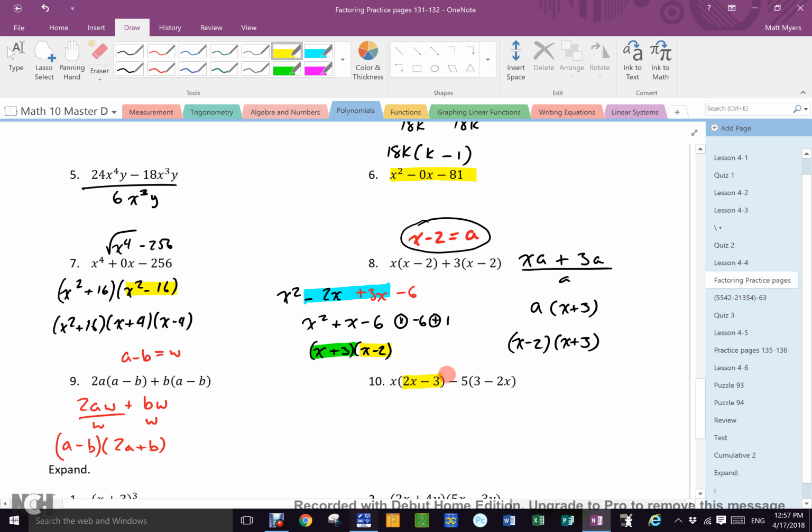These guys look similar, but aren't. What is the thing that I am allowed to do to change a sign? Because this tells me I have a positive 2x and a negative 3, correct? This tells me I have a positive 3 and a negative 2x.